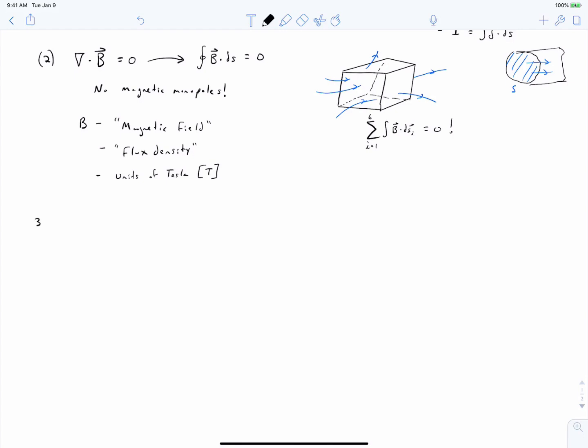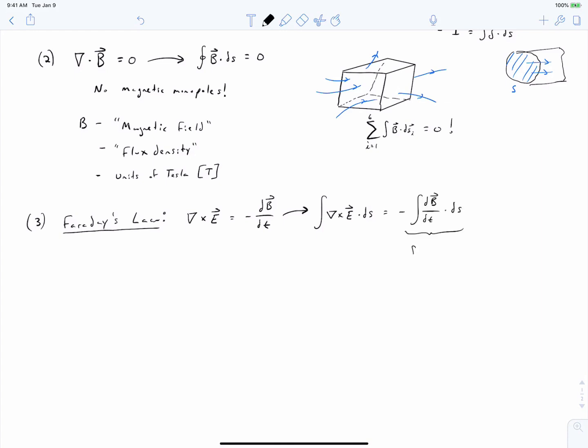Maxwell's third equation is Faraday's law. Faraday's law states that the curl of our electric field is equal to the negative time derivative of our magnetic field. This equation is more useful if we put it into integral form. And working on the right side of this equation, we can integrate our flux density over a surface to come up with a flux.